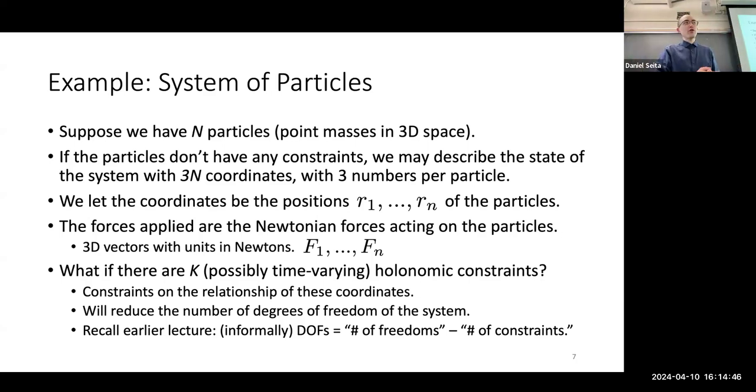I think we talked earlier in class, around lecture 12 or so, informally, that the number of degrees of freedom of a system would be the sum of all the freedoms minus the number of constraints, or really the number of independent constraints. You can arbitrarily add in more constraints, but if they don't add any restriction, it doesn't mean anything.